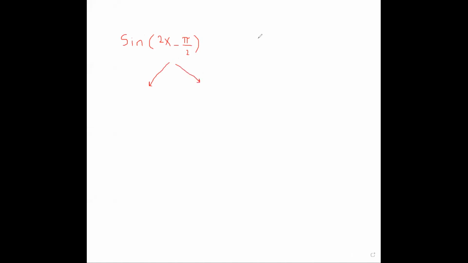We need to set the quantity inside parentheses equal to 0, 2x minus pi over 2 equal to 0, and also set 2x minus pi over 2 equals 2 pi, and solve these two equations.